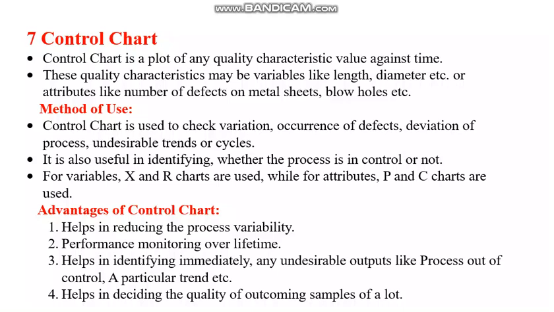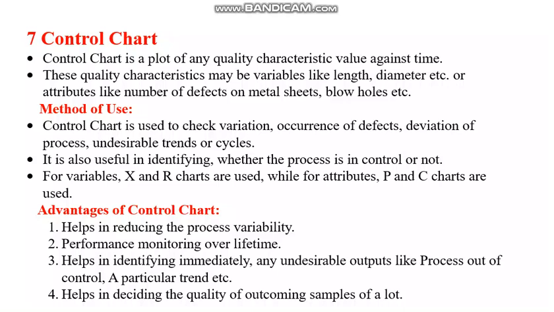Actually, we will study control charts in detail in the coming chapters. It is also useful for identifying whether the process is in control or not, and for variables, X and R charts, or for attributes, P and C charts. We are going to study each and everything, like the X chart, R chart, P chart and C chart, and all these charts.